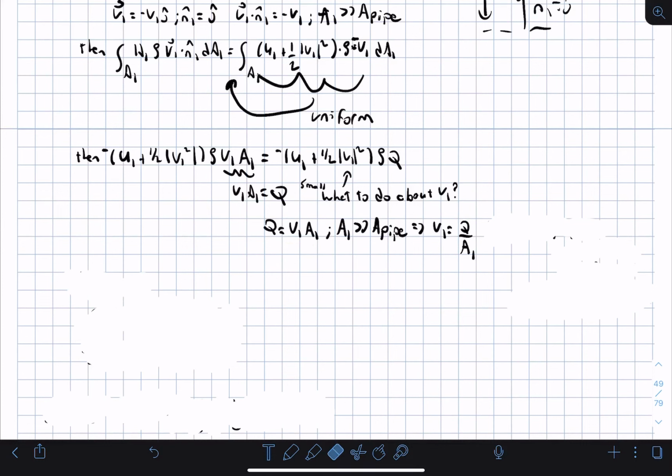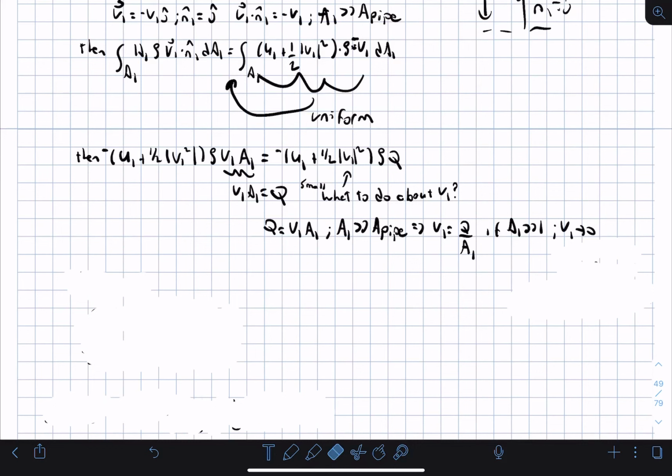If A1 is extremely large, then V1 becomes small. Then you could say that V1 approaches 0. It never becomes exactly 0 because the surface moves down and up a lot.